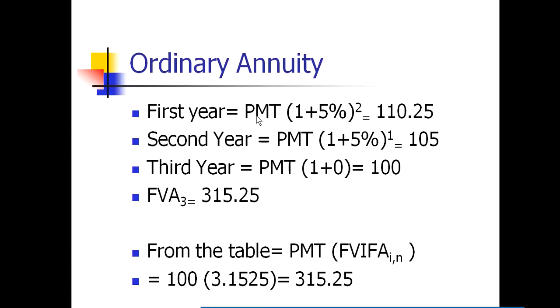So for example, 100 multiplied by 1 plus 5% to the power of 2, then we will get 110.25. The second payment will earn interest for just 1 year, so the result will be 105, while the third payment earns no interest, so he will get the 100.